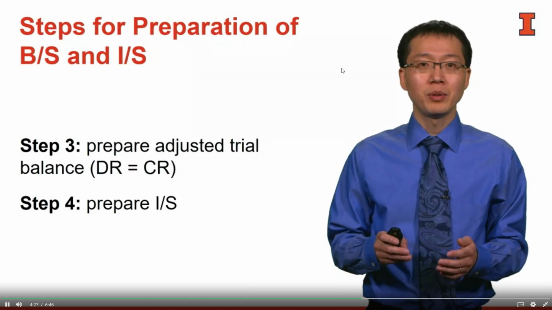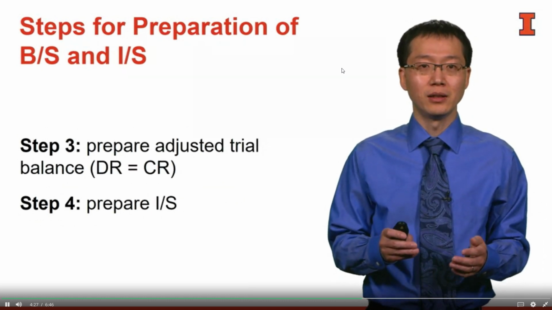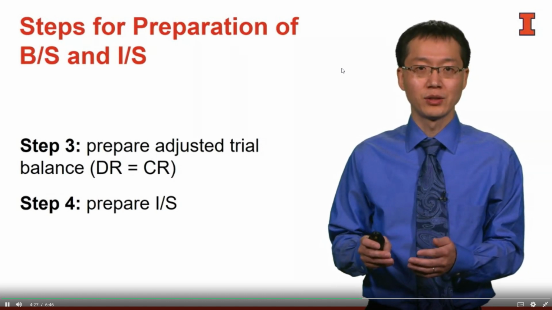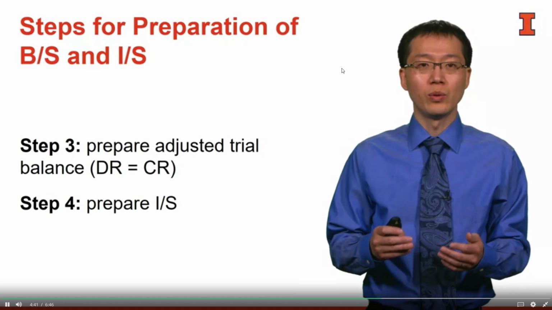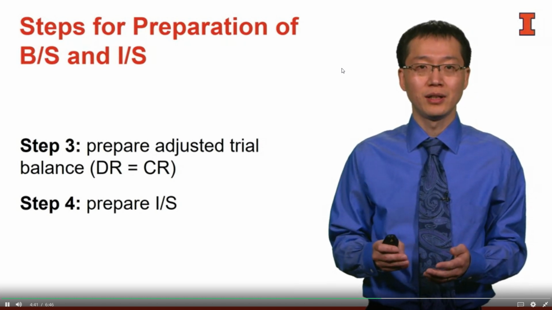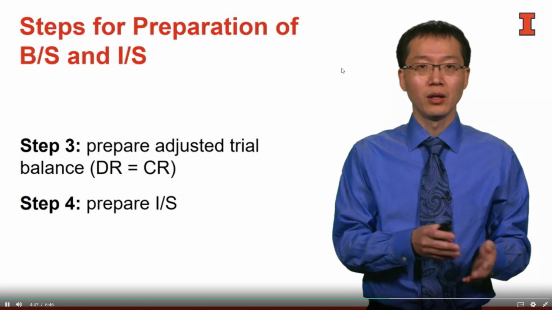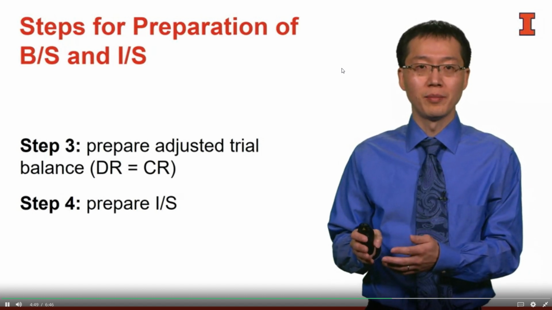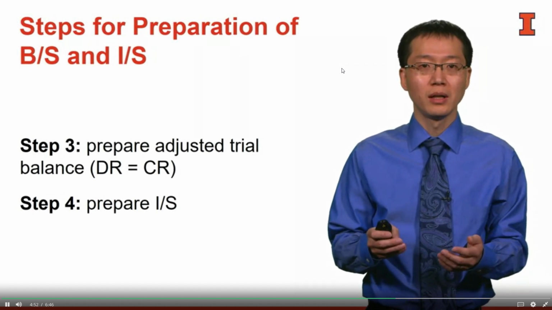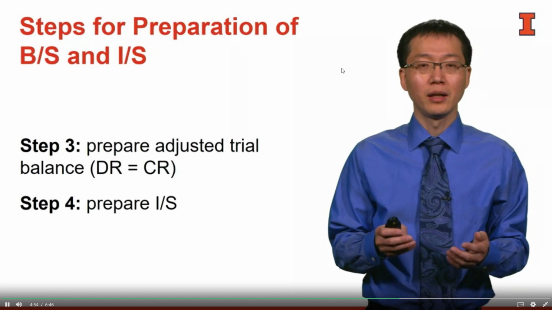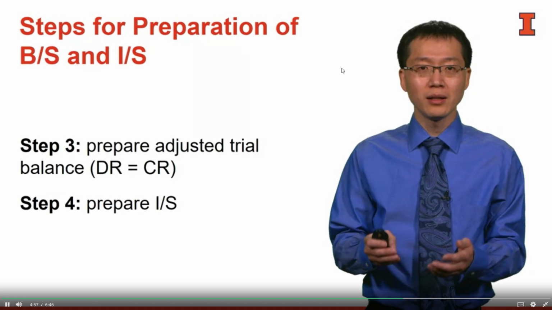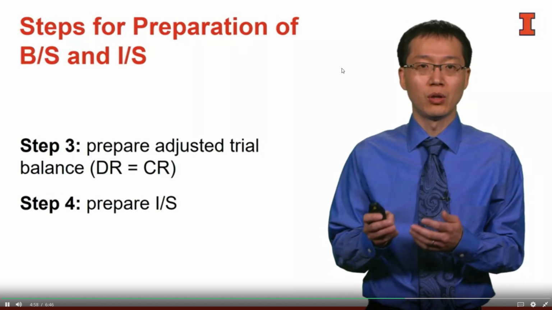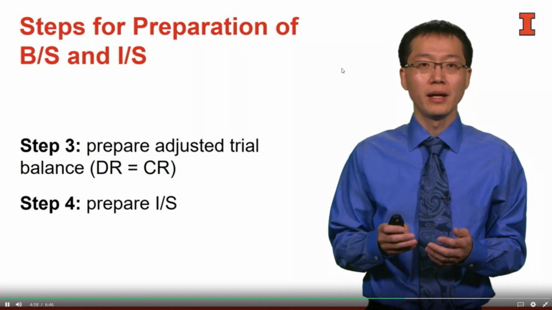In the next step, you need to prepare the adjusted trial balance. Basically, you list all the accounts with their balances listed in either the debit or credit column. You want to make sure the total debits equal total credits. If this is not the case, you will have to go back and check for errors.